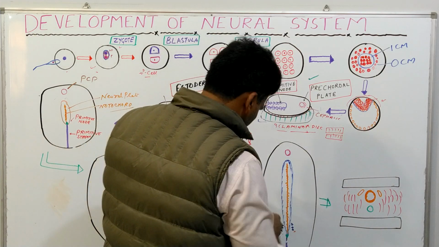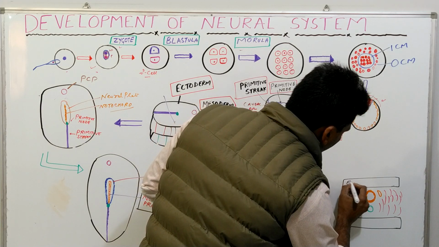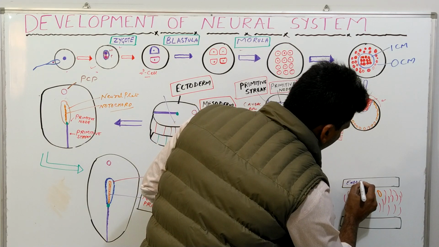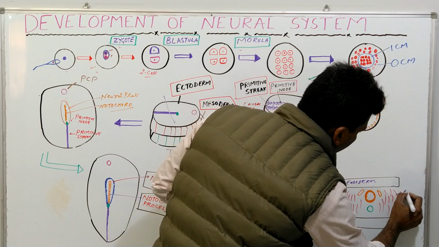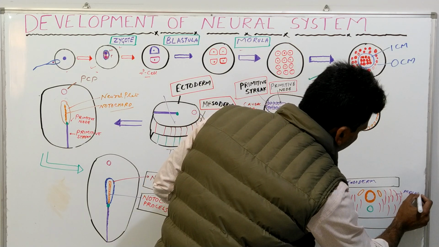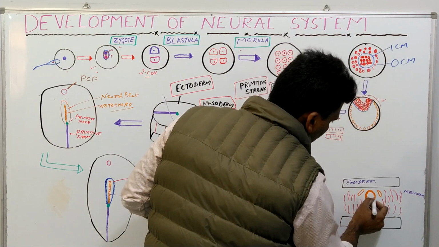So here what we can say, this is your endoderm, this is your mesoderm, and this is your notochord.